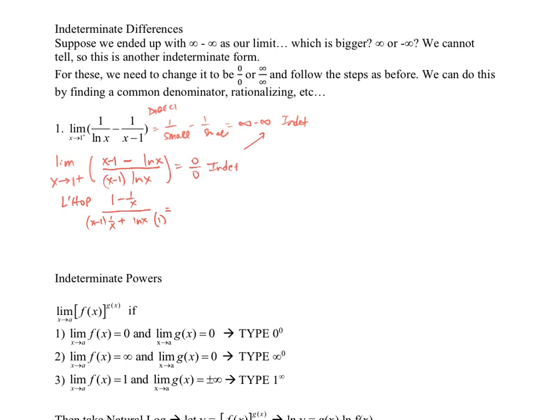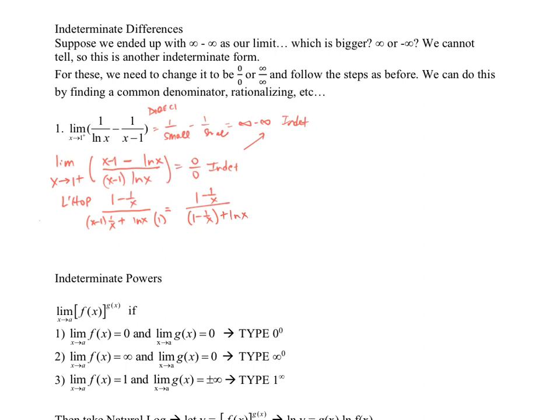And let's take a look at what we have. The top ends up being 1 minus 1 over x. On the bottom, I have 1 minus 1 over x, if I distribute here, plus my ln x.